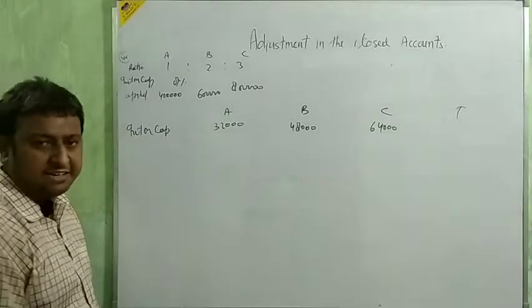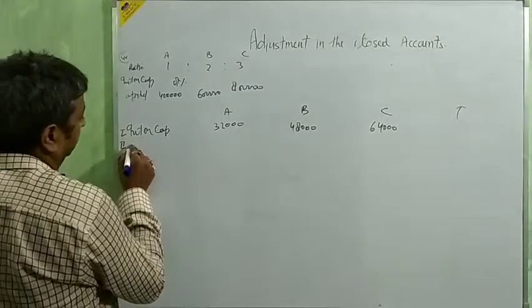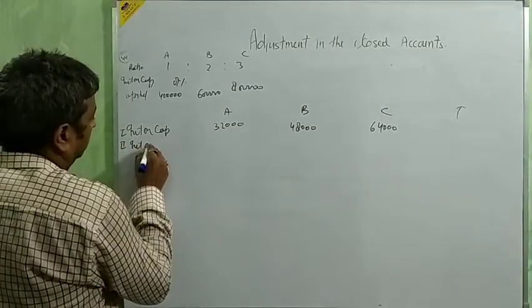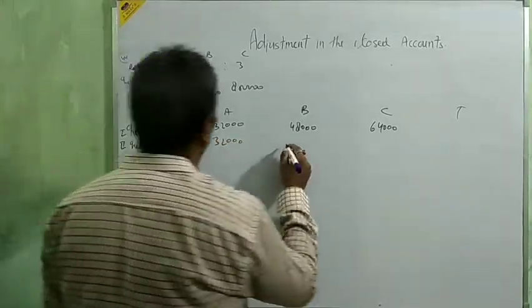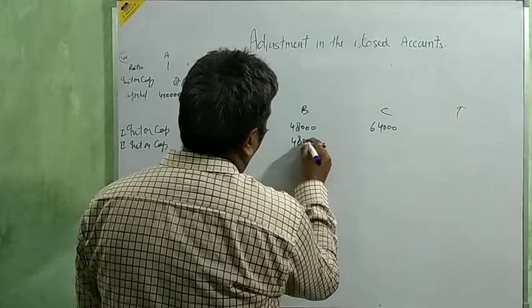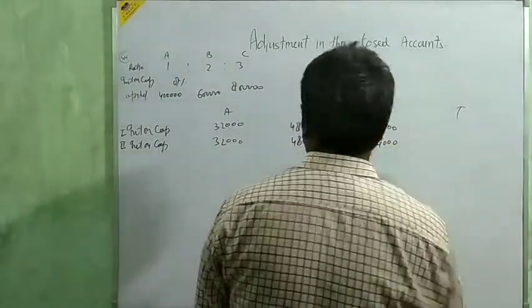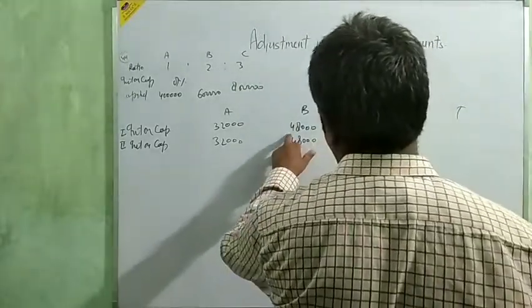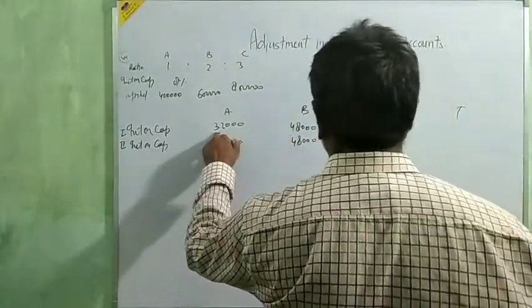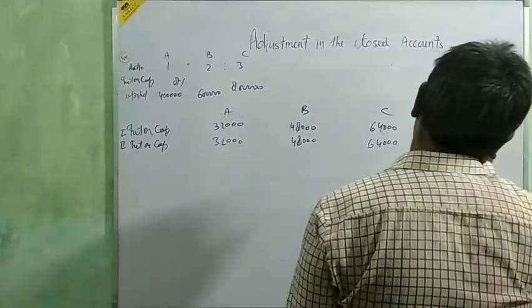Just add it. The first year, then the second year. Interest on capital 32,000, 48,000 and 64,000. Then total amount, just see the total: 1 lakh, 1,30,000, 1,40,000, 1,44,000.